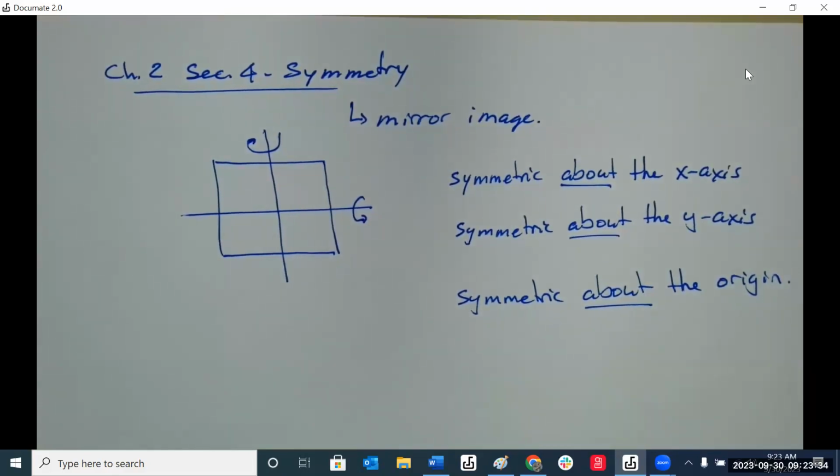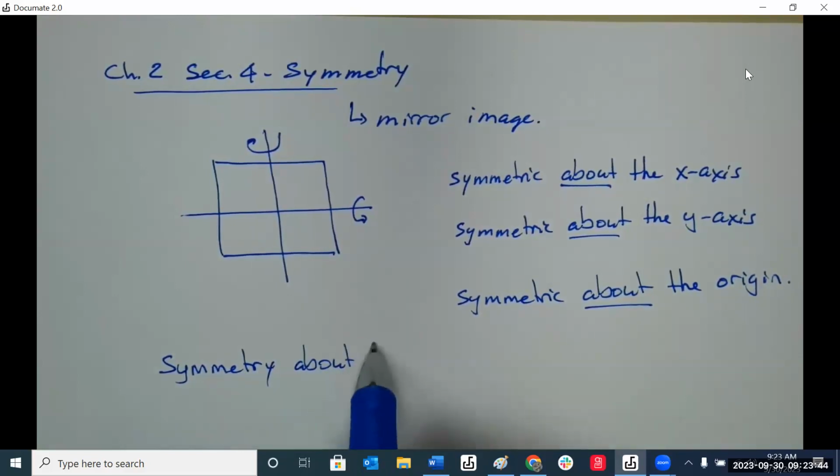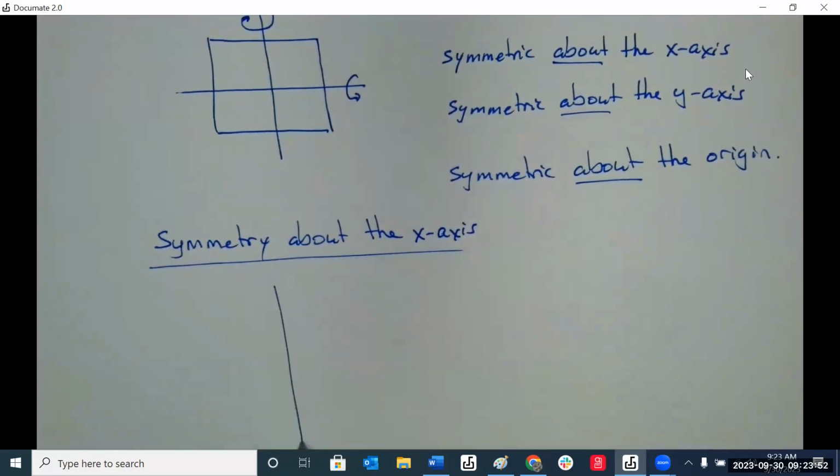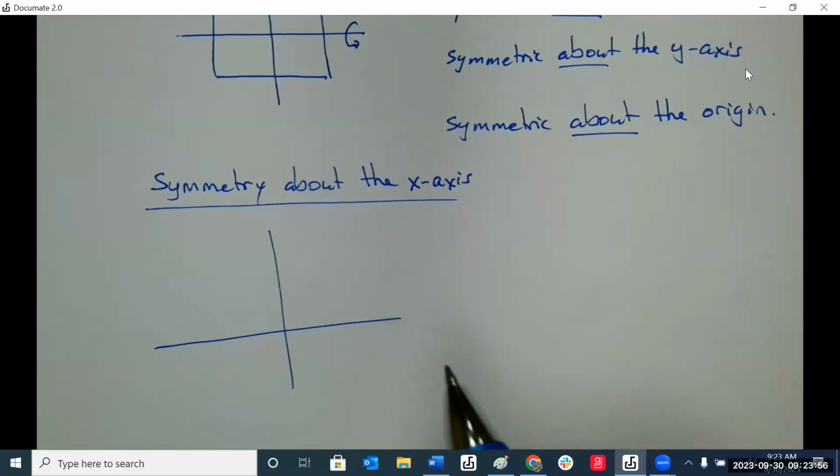What defines symmetry about the x-axis? Let's look at a picture. If it's symmetric about the x-axis, it's flipping this way.